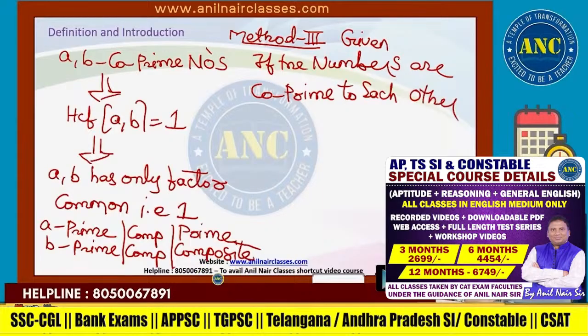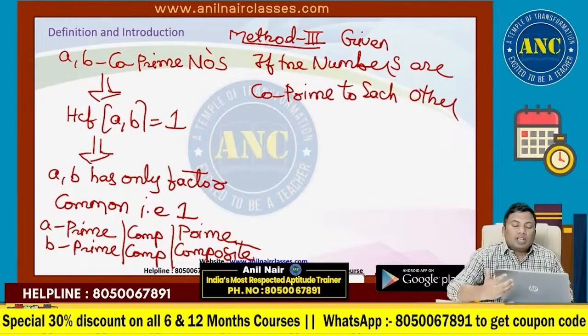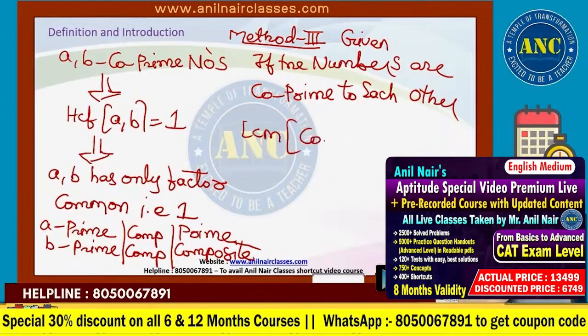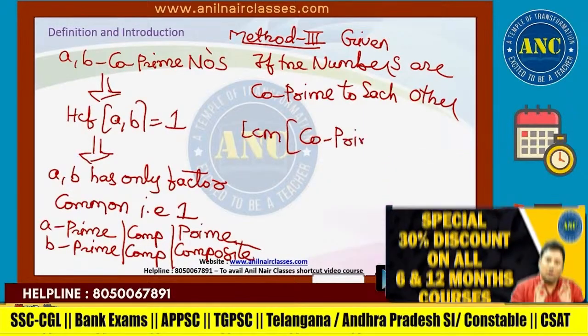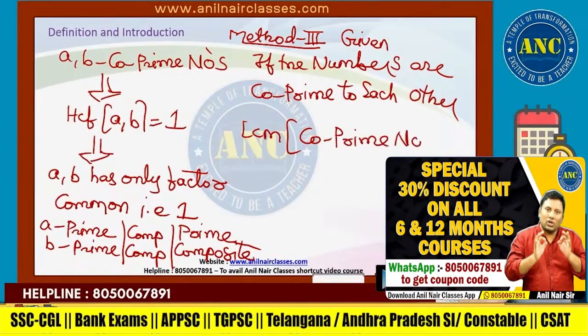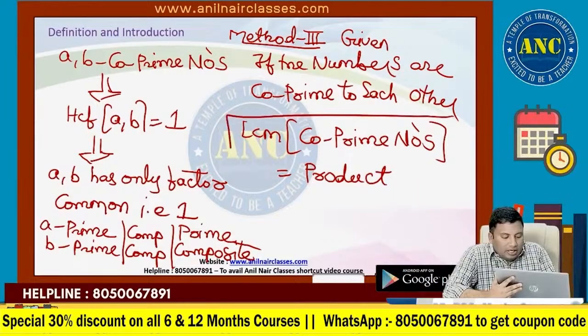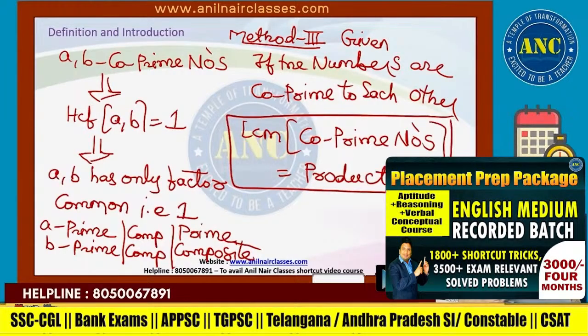How to do it? Because the numbers have only one factor common, LCM of co-prime numbers is always their product.